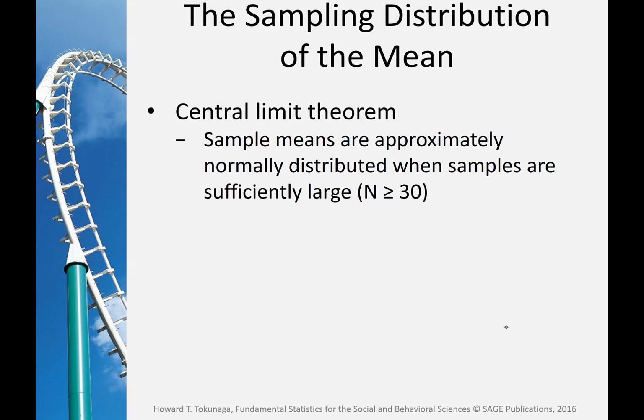If you want a conventional rule because you're an undergrad and you like quick and fast rules, how many pages, how many sources? 30. But again, it's an approximation, right? It's not an exact number. As we approach 30, the answer might actually be 33, but 30 is close enough. For us, that's a good cutoff between when we have a normal distribution of our sample means and when we have something else.